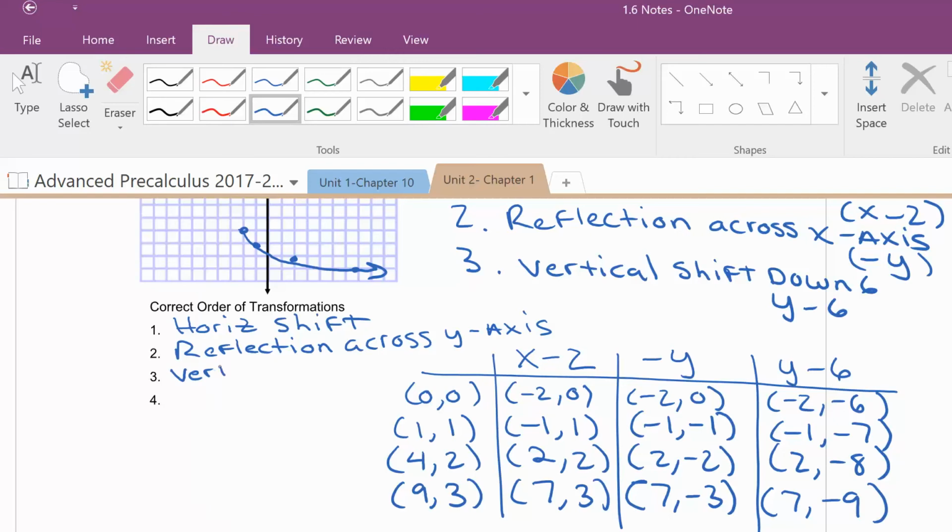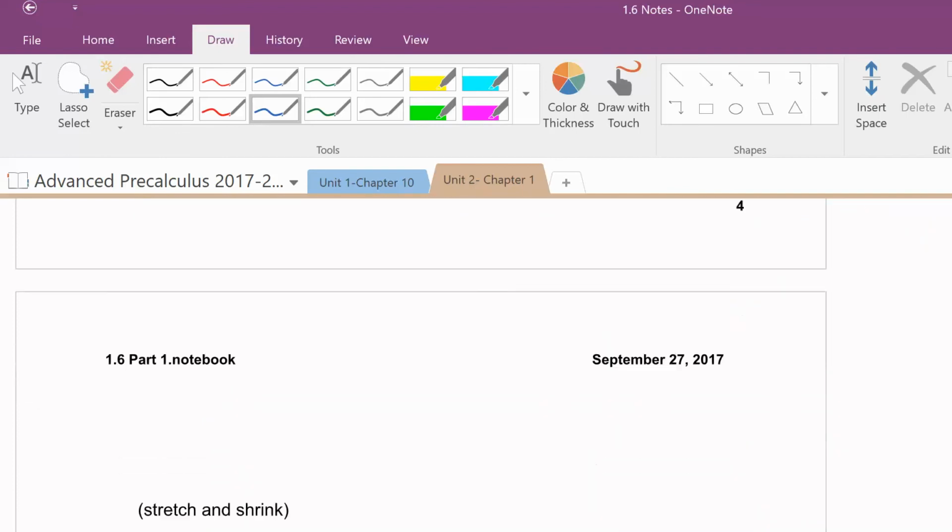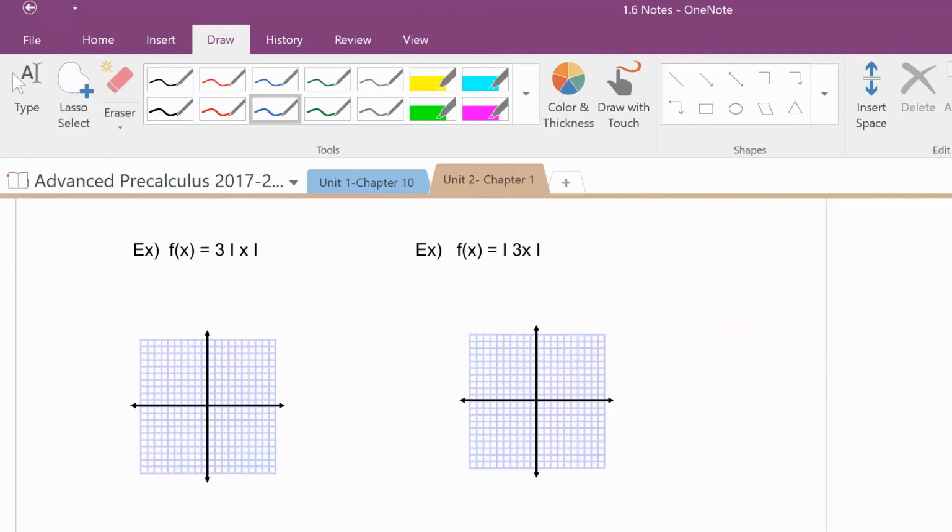A vertical stretch or shrink will be done third, and we'll talk about that in a second. And then fourth is a vertical shift up or down. So the only one we haven't talked about is the vertical stretch or shrink, and that's what we're getting to next with these absolute value functions.